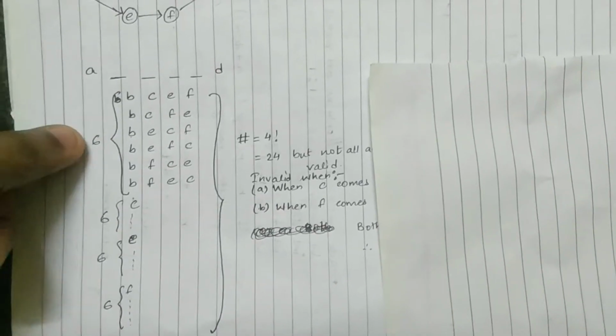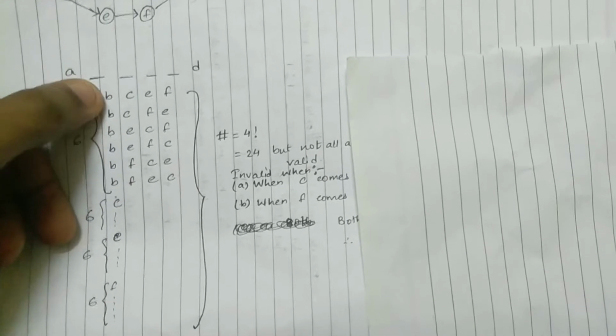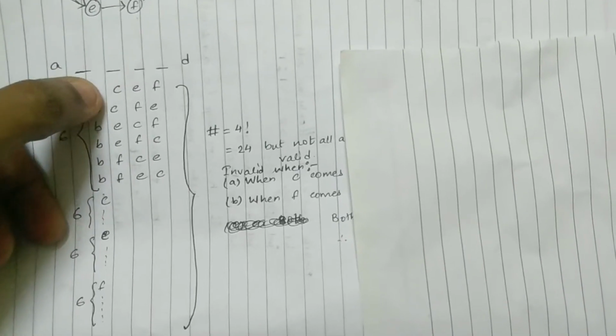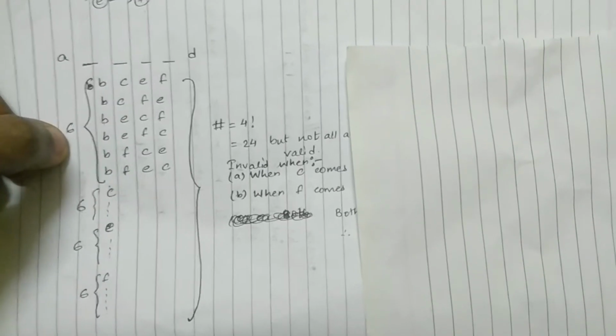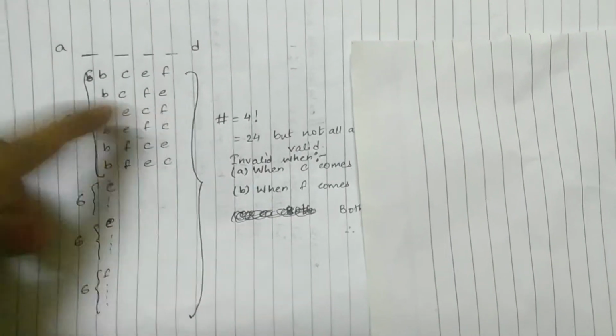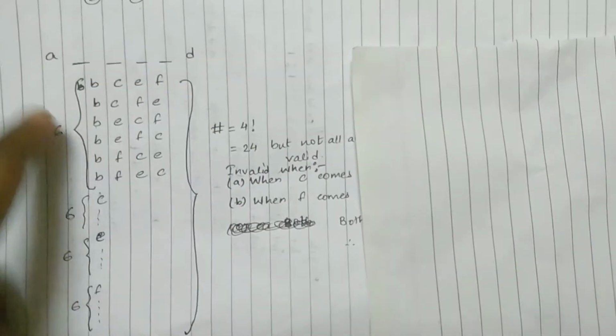So if we start filling up the first place with B, we have a total of six possible paths, but not all these paths from A to D will be valid.